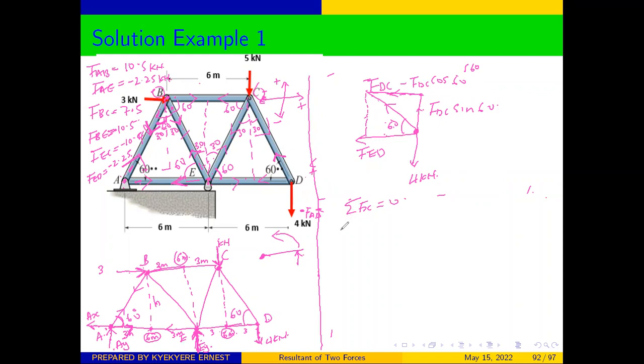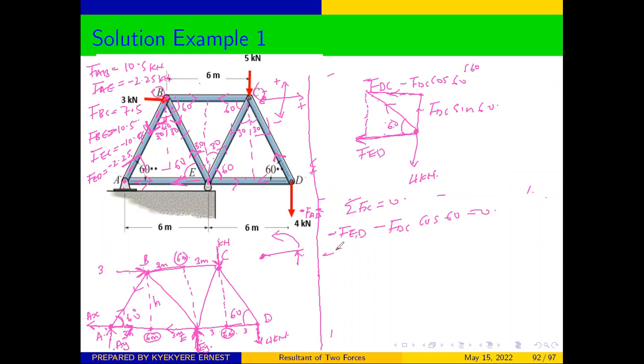So we can say that, look at FED, it is going the opposite direction. So we have negative FED minus FDC cos 60 is equal to 0. But we have already calculated FED, which is negative 2.25.